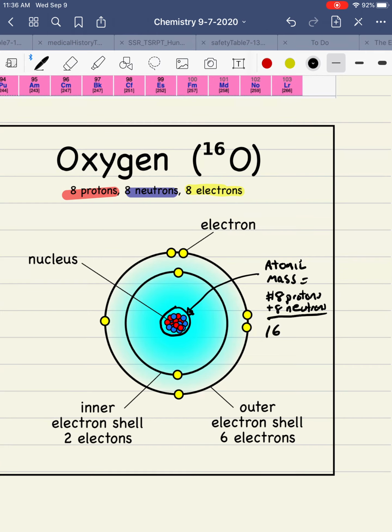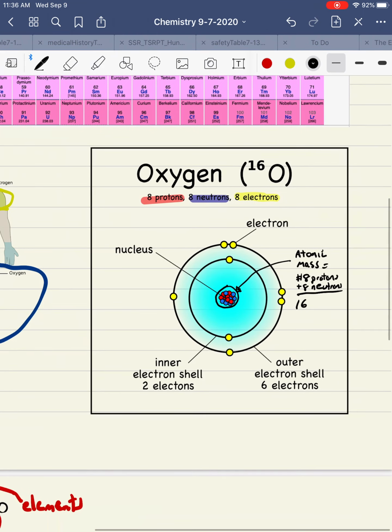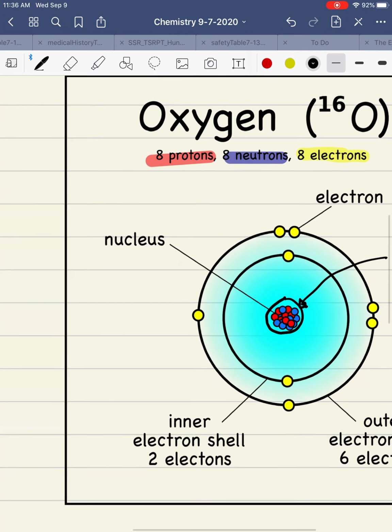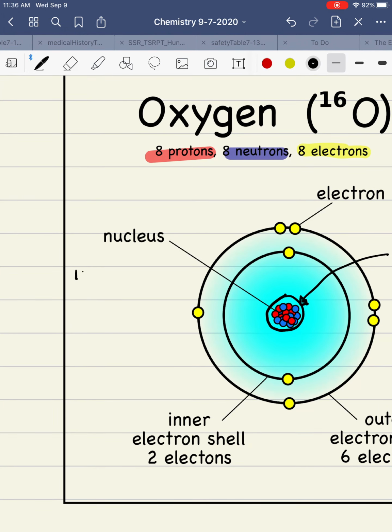Now let's talk about units. There is going to be a little math involved, and it's very basic at this point. 1 proton is measured in general in something called 1 atomic mass unit. 1 neutron is also equal to 1 atomic mass unit.